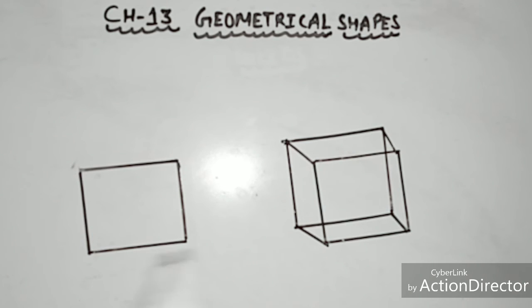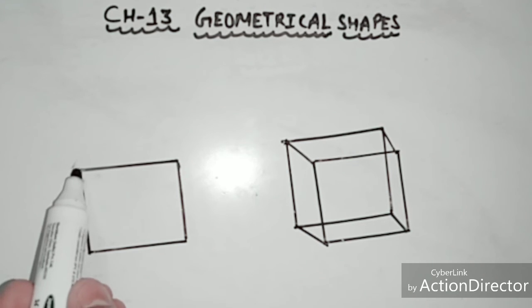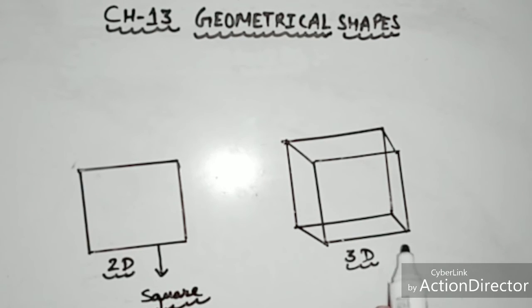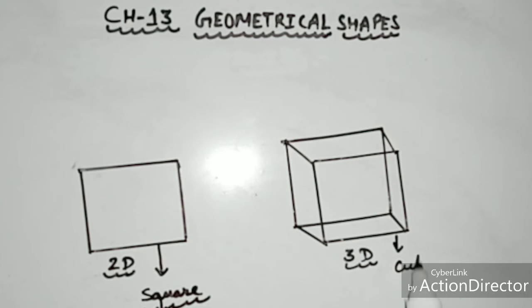Now here we have two images. The first one shows a two-dimensional figure and the second shows a three-dimensional figure. This figure is known as a square and this figure is known as a cube.